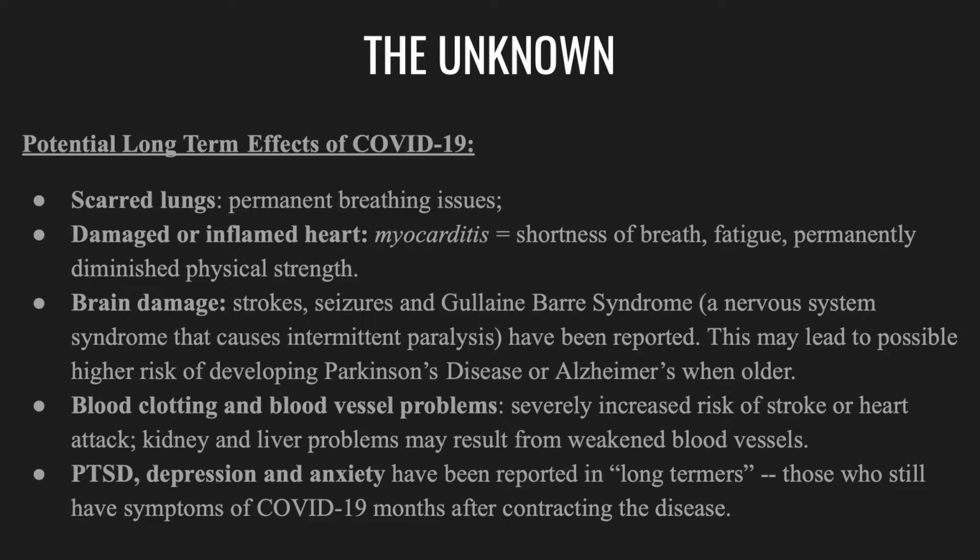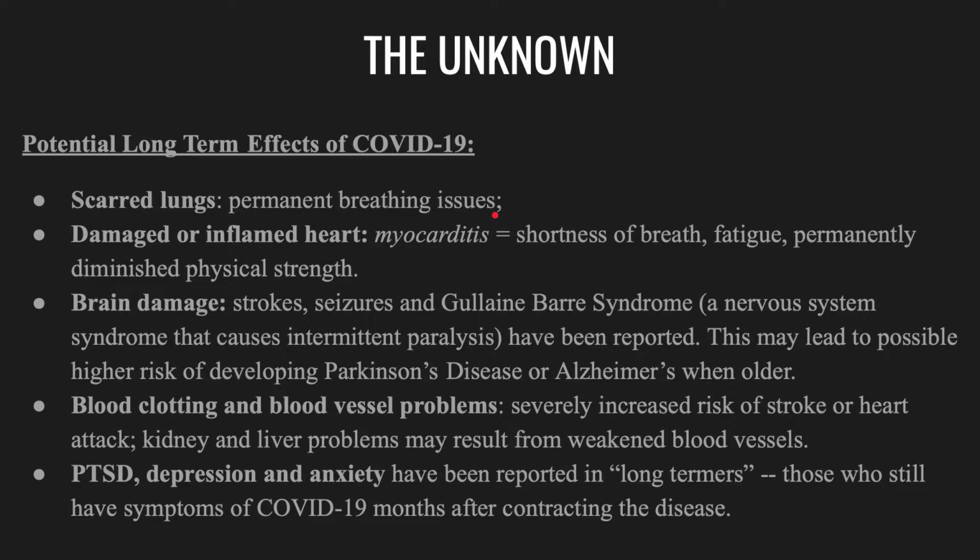Second, the second bullet here is something that is really, really damning towards athletes. One thing that they have noticed is you can have a damaged or inflamed heart from COVID-19. You can develop something called myocarditis, and that is an inflammation of the heart muscle.